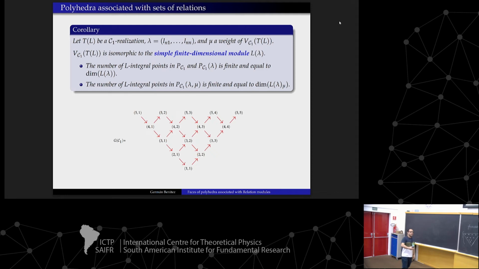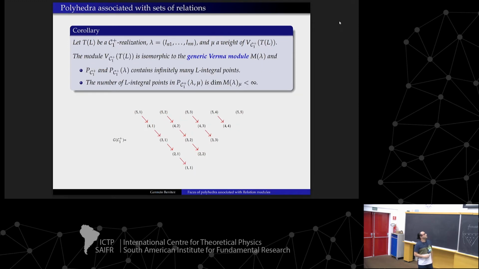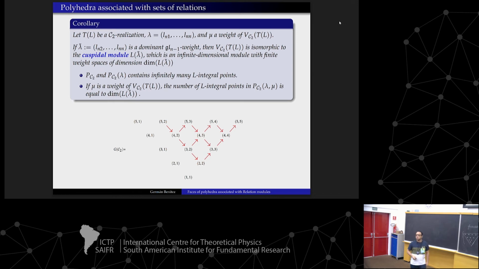But we can apply this theorem for more sets of relations. For example, for generic Verma modules, we consider C1 plus, and for co-spiral modules, we consider the set of relations C2.